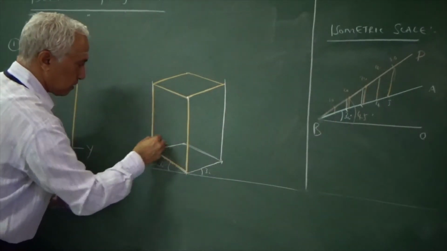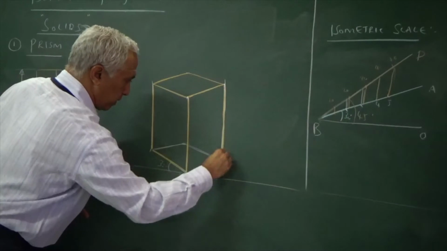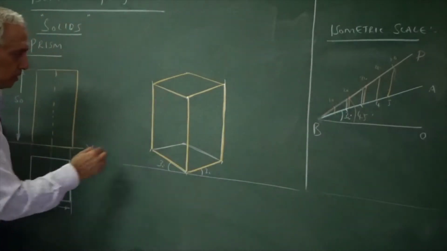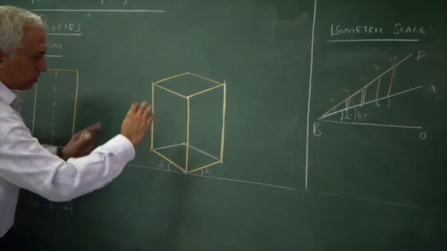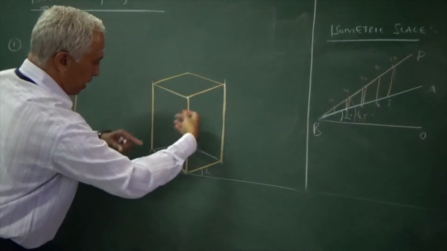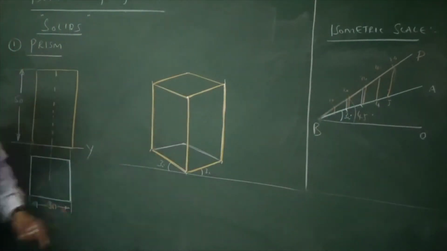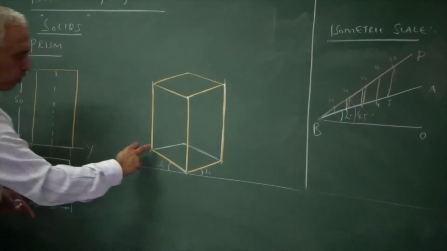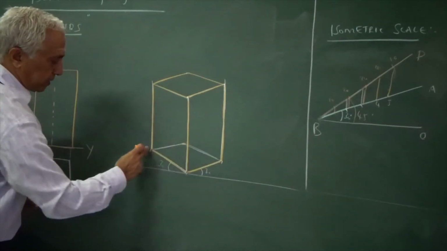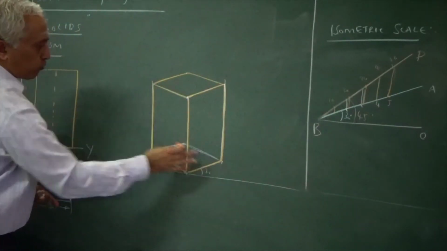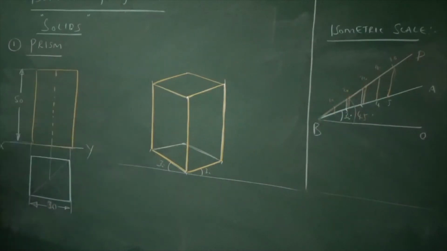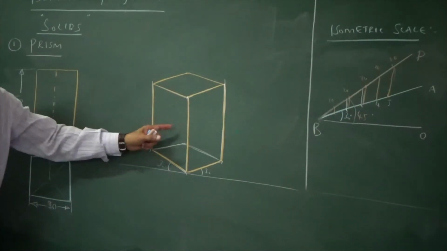Darken it. This face is also visible. But you can't see this because these two faces cover up the behind face of the square prism. We don't rub this off, it will be very light. So darken only those faces which are visible to the observer. So a square prism appears like this in isometric projection.